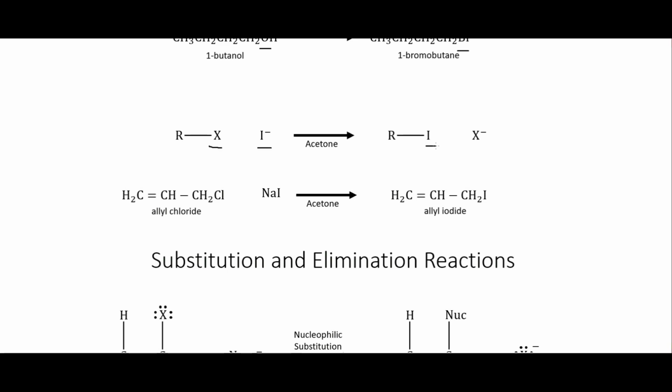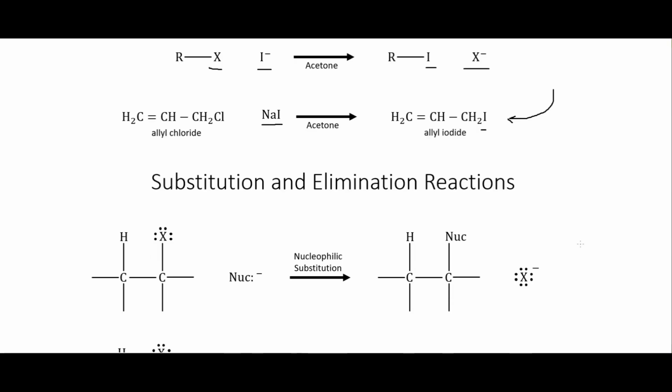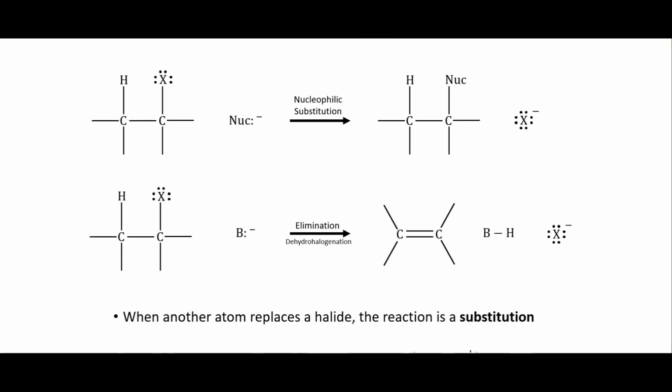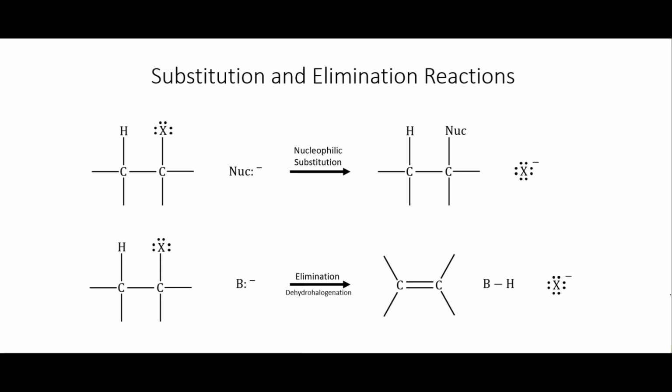We're adding this iodine on and removing this other halogen, which is presumably going to be a fluorine, chlorine, or bromine. This right here is a specific example of that, where we have this allylic chloride, and we add this sodium iodide, and so we are adding this iodine and replacing that other halogen.